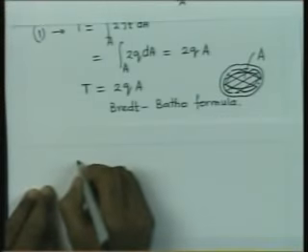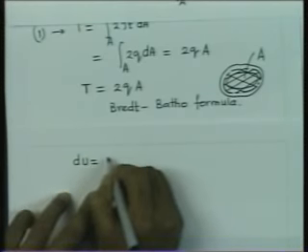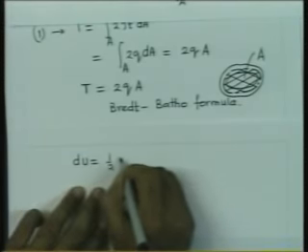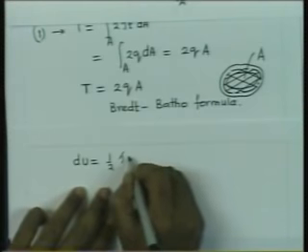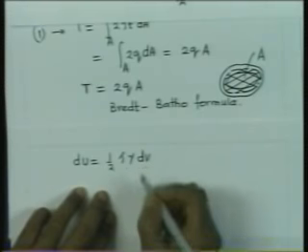In many applications, it is necessary to calculate the angle of twist per unit length. So, let us see how we can calculate the angle of twist per unit length. The strain energy in an element dU is nothing but half shear stress multiplied by the shear strain multiplied by the volume of the element.